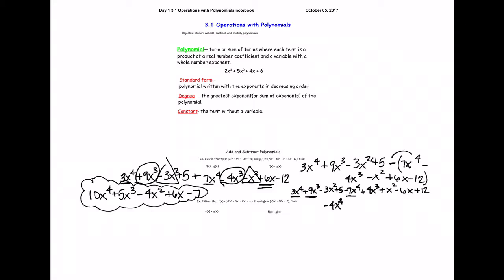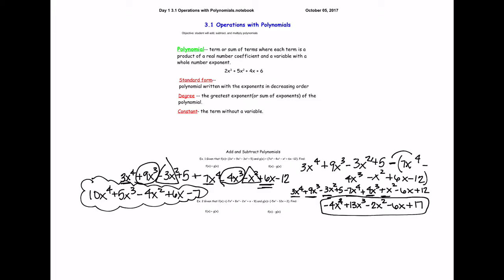Our next highest exponent is a cubed, so 9x cubed plus 4 more x cubed is 13x cubed. Negative 3x squared plus x squared is negative 2x squared. Negative 6x is by itself, and 5 plus 12 is 17, and you just subtracted two polynomials.